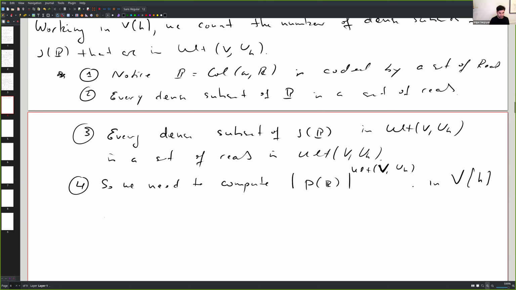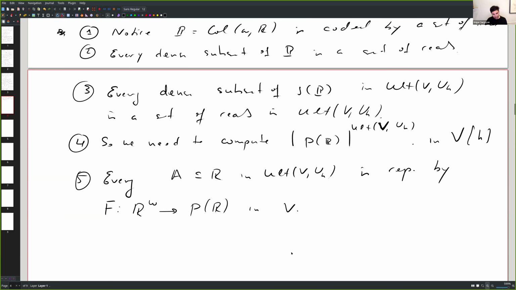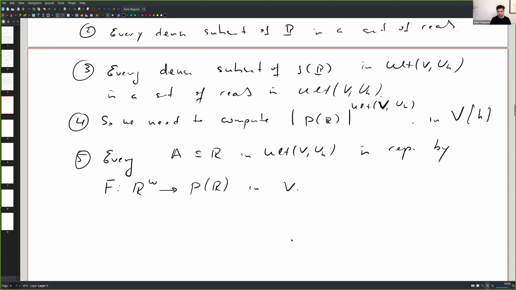Okay, so five, every A, which is a subset of R in the ultrapower V_U[H], is represented by some F from R to the omega into our set of reals in V. So it can be coded as a set of reals.